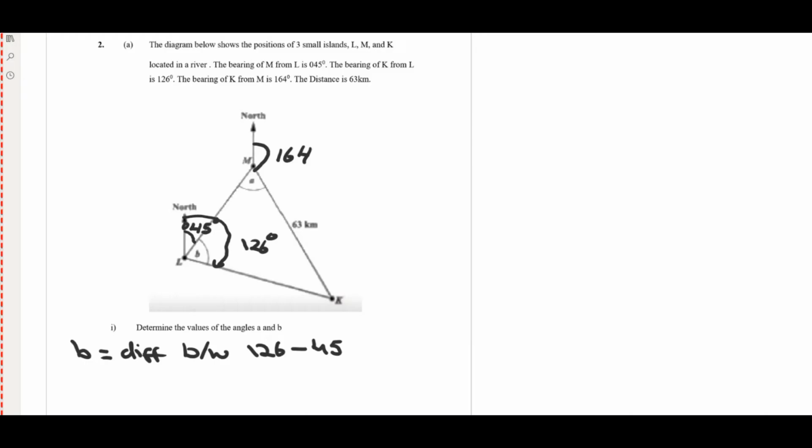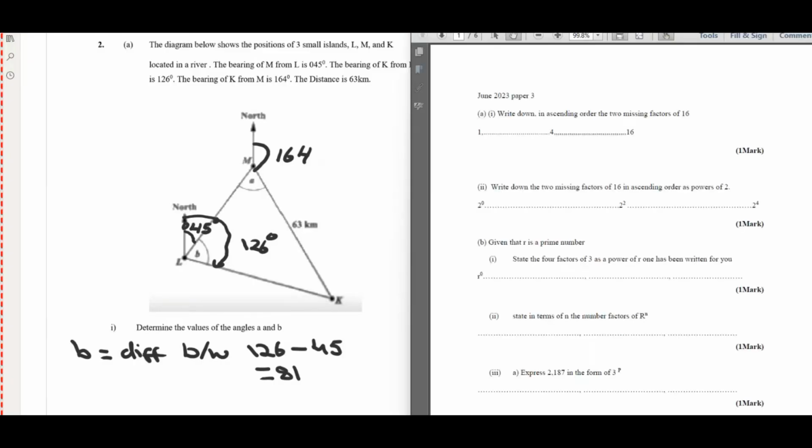So 126 minus 45 is equal to 81. So my answer for B would be equal to 81. Super easy, right? Now let's do the next question, which is they want angle A.